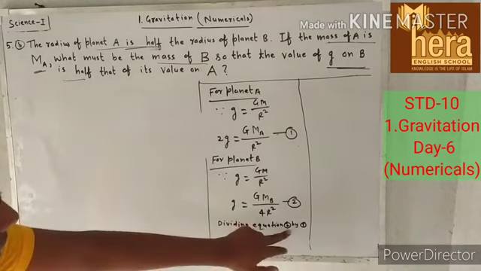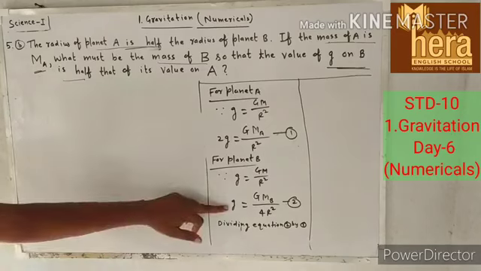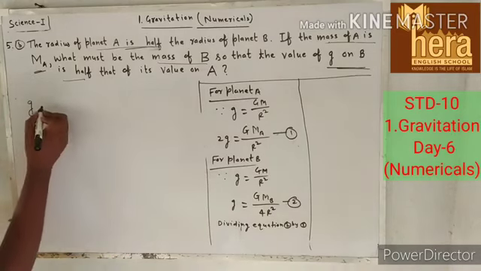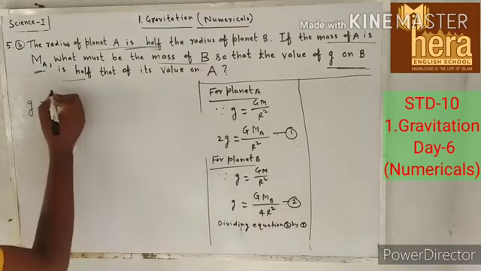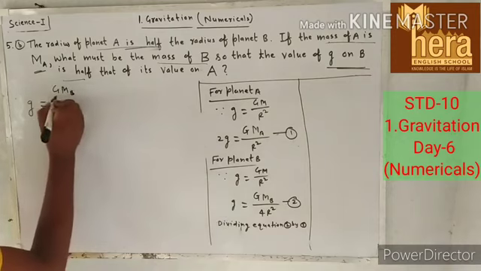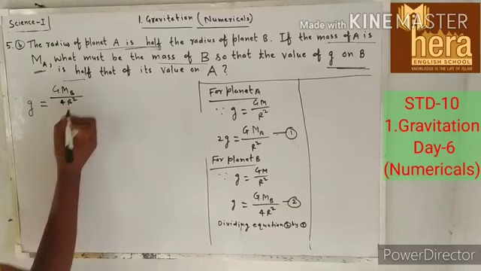Dividing equation 2 by 1, so first of all, equation number 2 is g is equal to G MB by 4 R square.